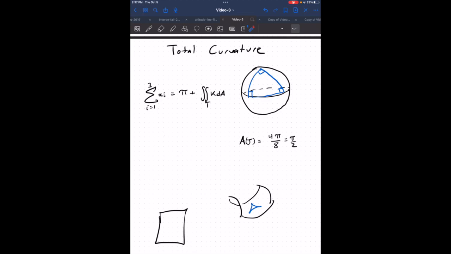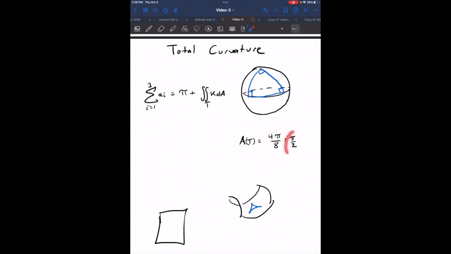We can relate the sum of the angles to the integral of the curvature over the triangle. So here, if we're on the unit sphere, we know that the curvature everywhere is 1, and this specific triangle would be 1/8 of the sphere. So the total area is 4 pi.